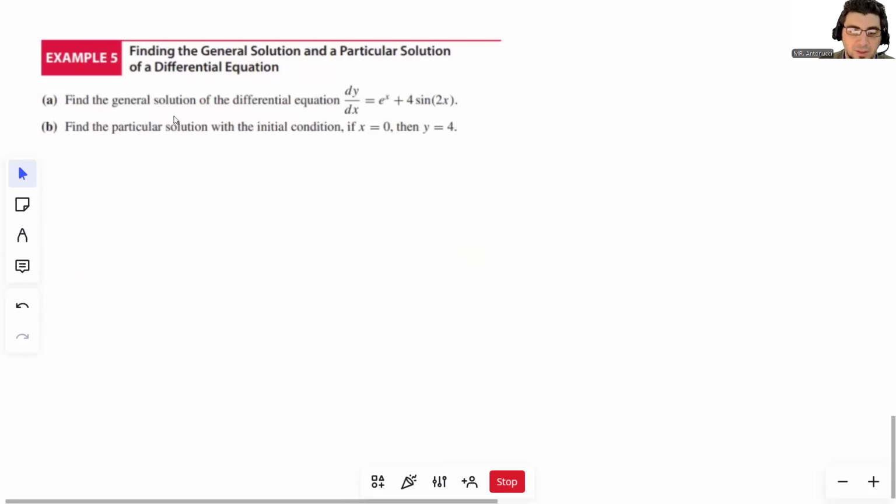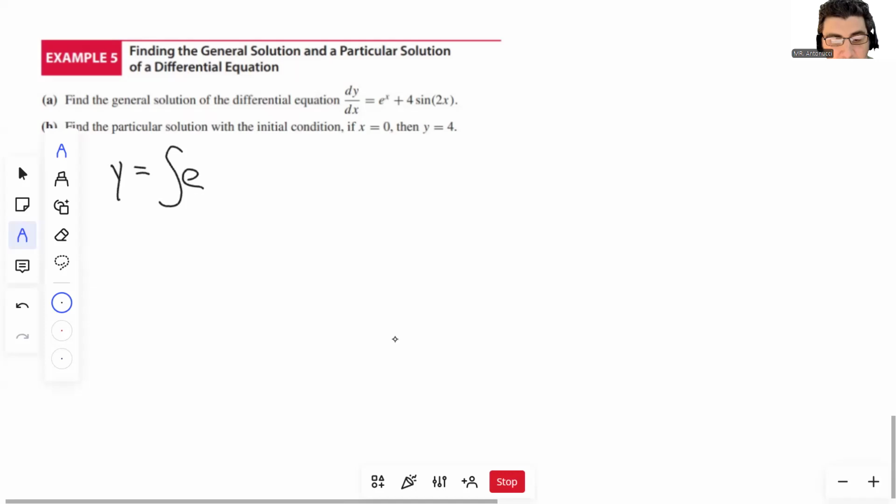Same kind of thing, find the general and particular solutions here. So with this one, if we have dy/dx equals e to the x plus 4 sine 2x, then y is going to be the antiderivative of e to the x plus 4 sine 2x dx. If I anti-differentiate, e to the x is e to the x.